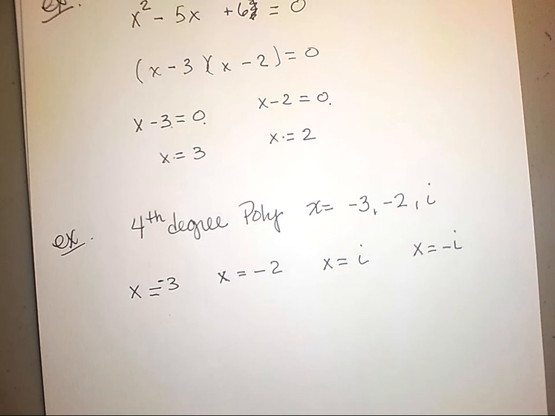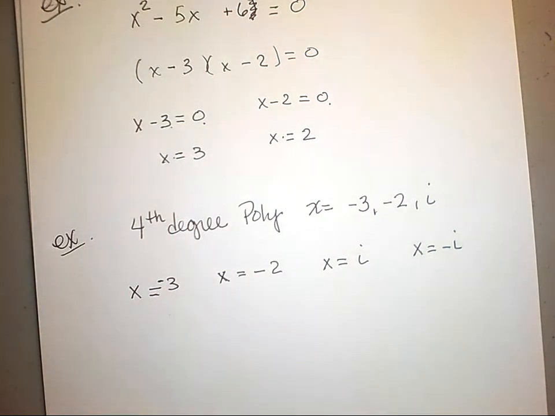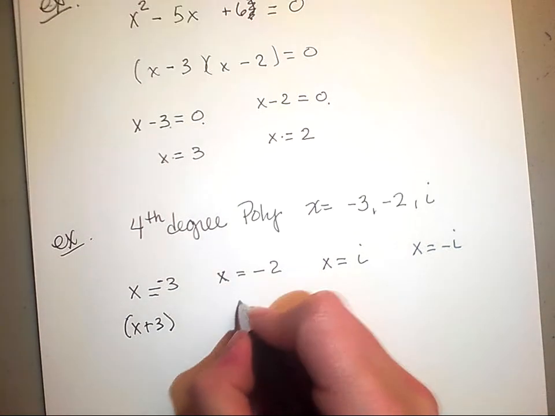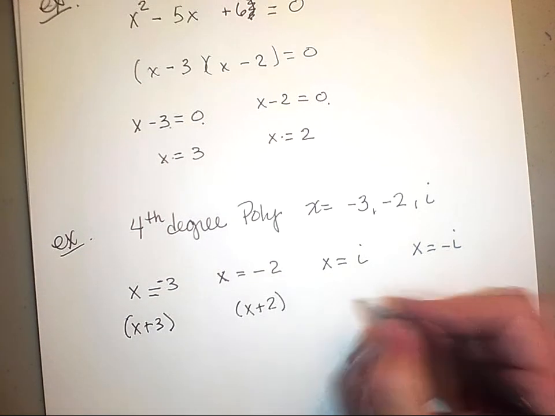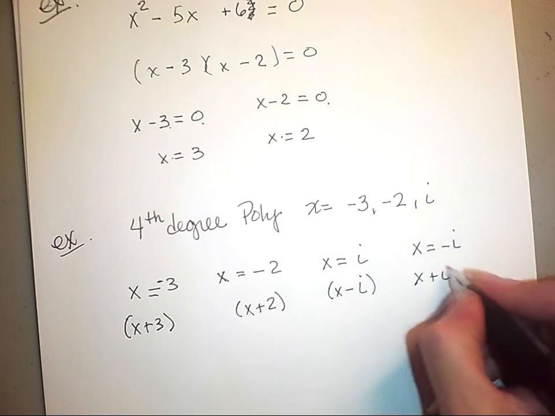Which means if negative 3 is a 0, x plus 3 is a factor of the polynomial, x plus 2 is a factor of the polynomial, x minus i is a factor of the polynomial, and x plus i is a factor of the polynomial.